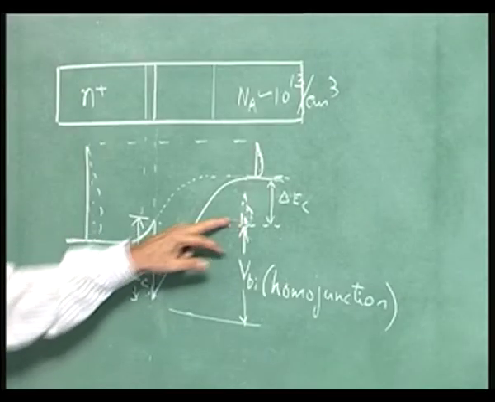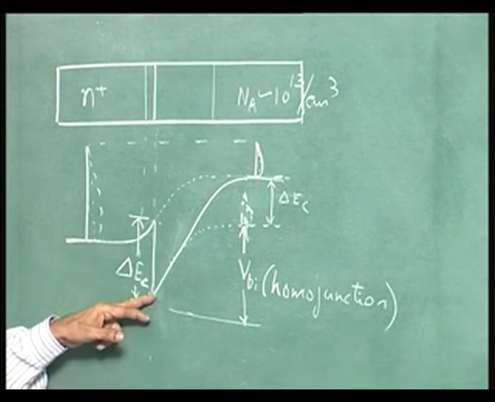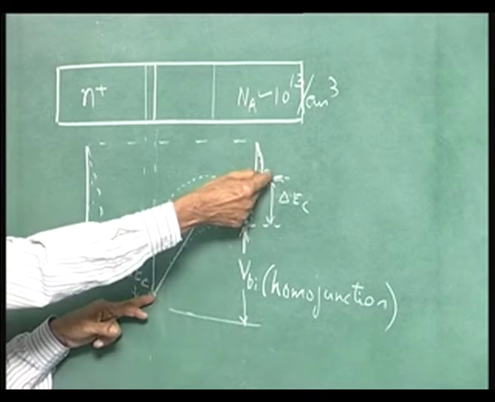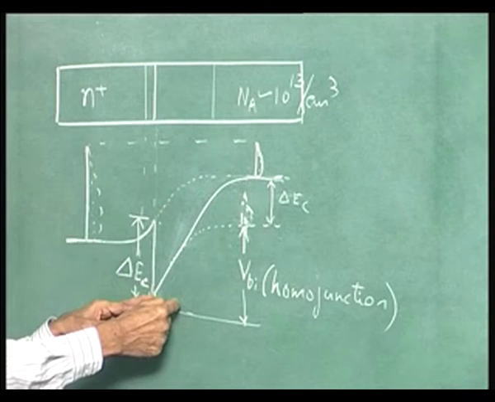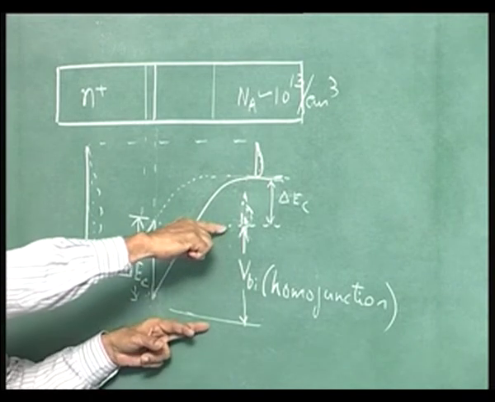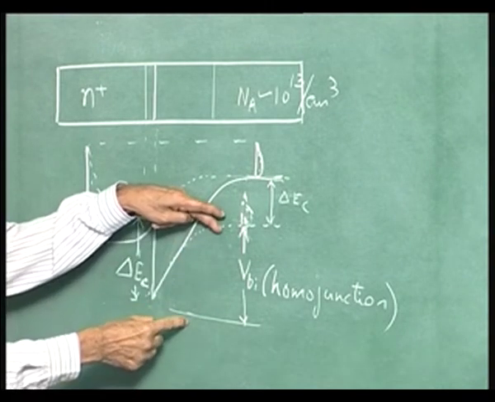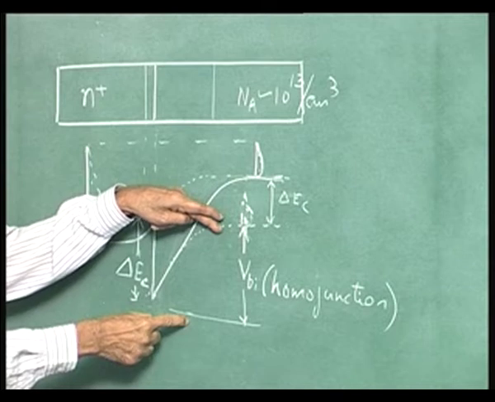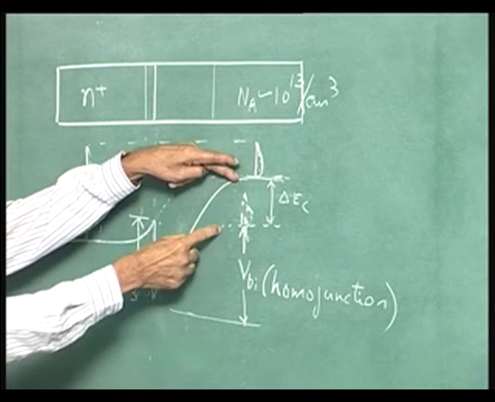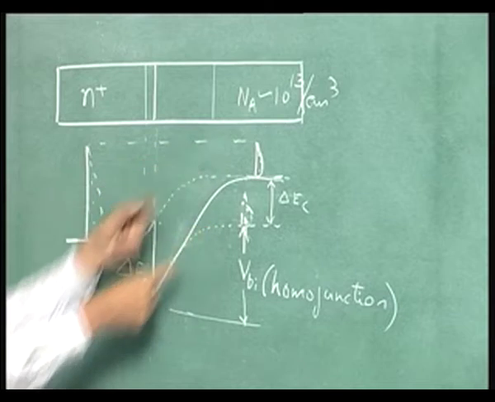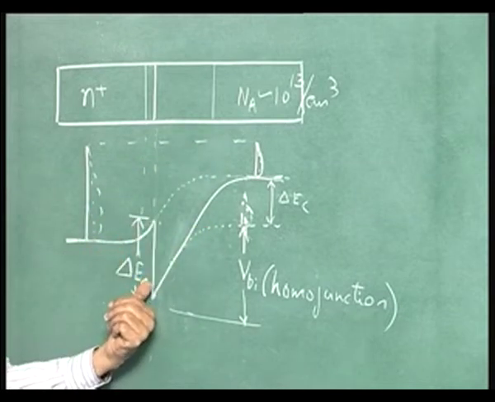So, if this were the situation, let us say the intrinsic point is here. Now, if it is shifted up by that, the intrinsic point is somewhere here, because this potential corresponding to the intrinsic change, this will be additional potential change which will lead to electron concentration here.